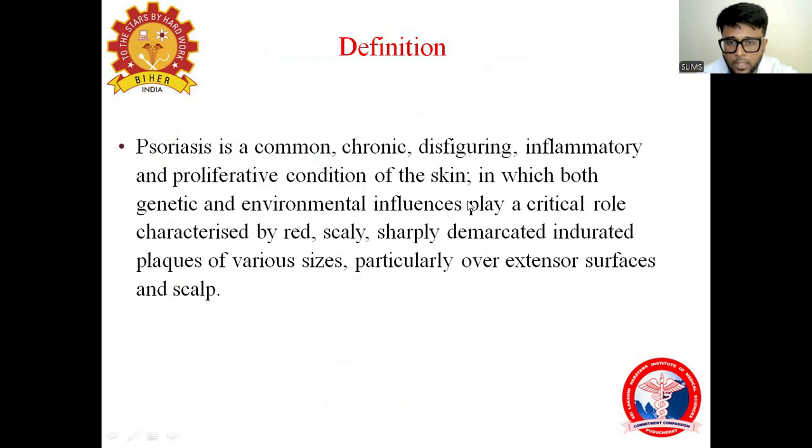So, psoriasis is a common chronic disfiguring inflammatory and proliferative condition of the skin in which both genetic and environmental factors play a critical role. This is characterized by red, scaly, sharply demarcated plaques of various sizes, particularly over external surfaces and scalp.